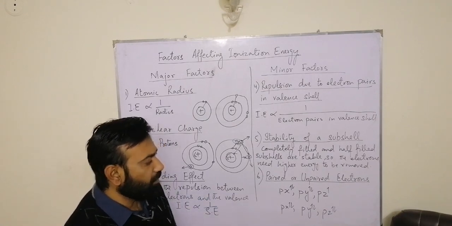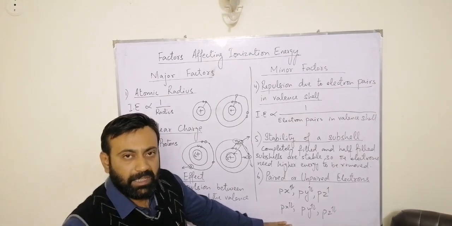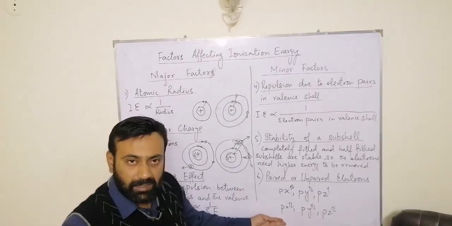So the first thing that clicks to the mind is that this subshell is completely filled, so there will be an extra amount of energy required to remove the electron from this subshell.